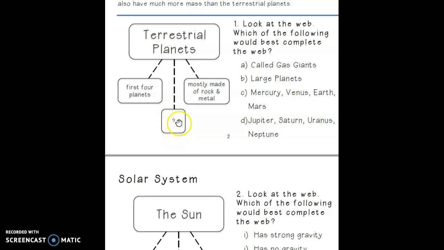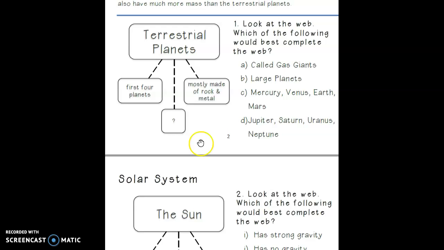Then we're supposed to put the answer into this box. Based on the way that this graphic organizer looks, I'm going to say terrestrial planets is probably the main idea, and that would make these the details. So let's read our choices. A, are called gas giants, B, large planets, C, Mercury, Venus, Earth, Mars, or D, Jupiter, Saturn, Uranus, and Neptune.